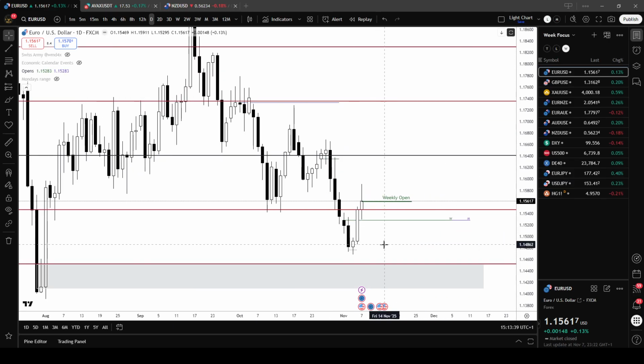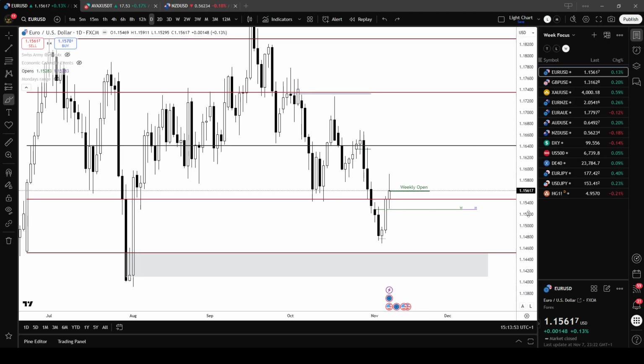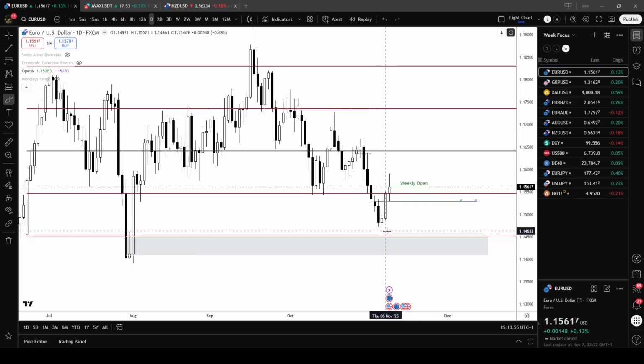So last week, price was here on this candle and I was still waiting for lower prices on the euro and I was able to milk this leg here. However, I was waiting for even lower prices and I was forced to exit my shorts around these lows.